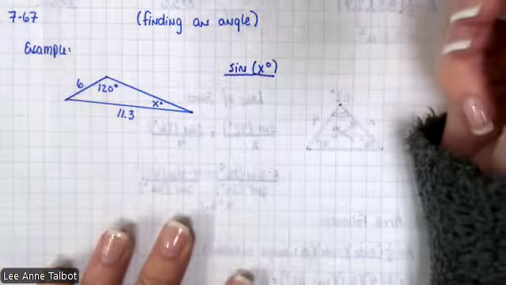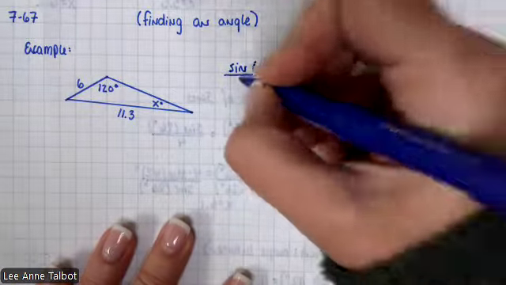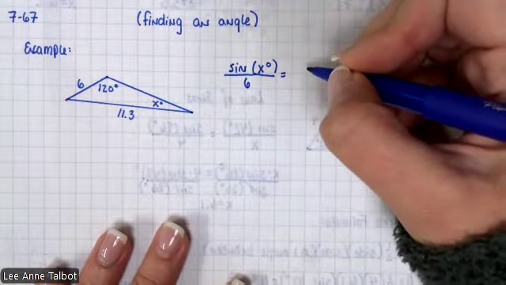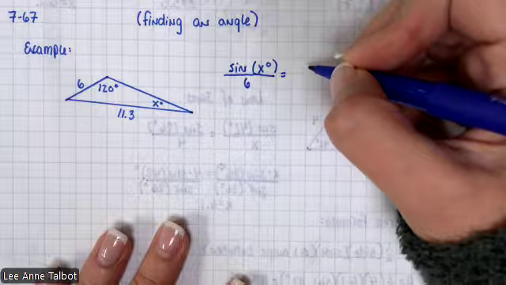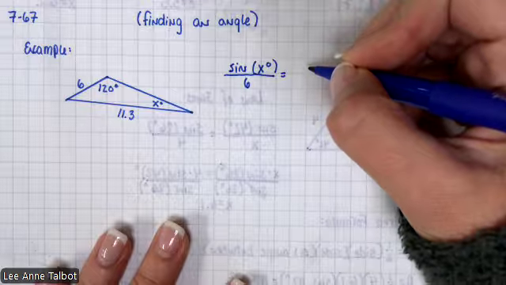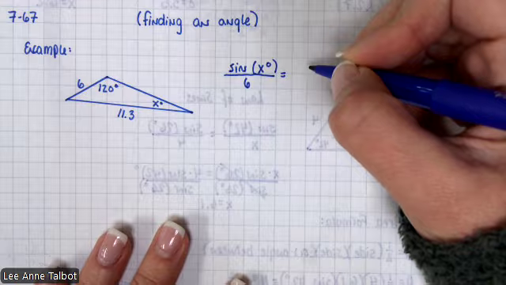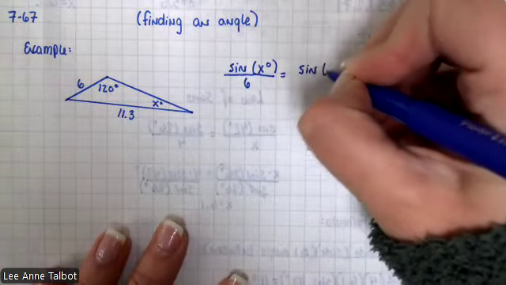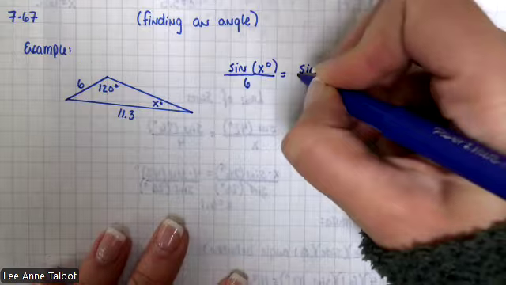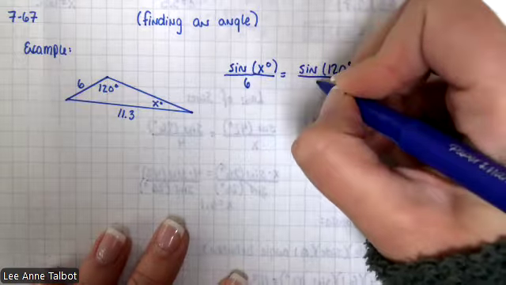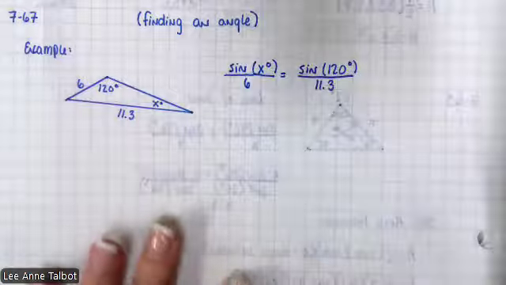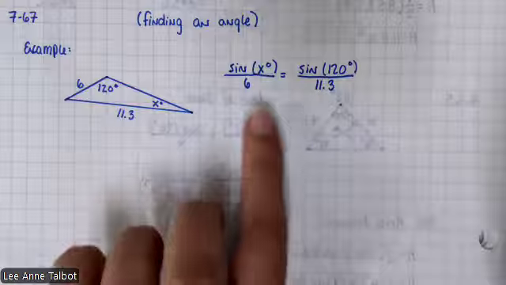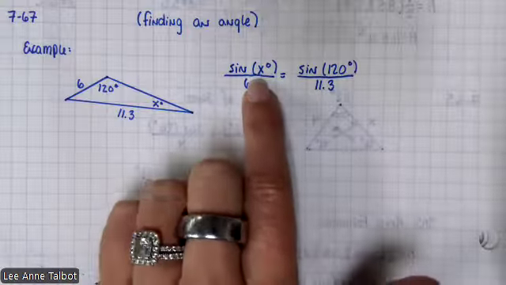What side is across from x? 6. Okay, give me another angle in the triangle. 120. And that is across from the 11.3. Are you guys okay so far? Does that make sense? Okay. Do you notice this one's a little different because the x is in the degrees?